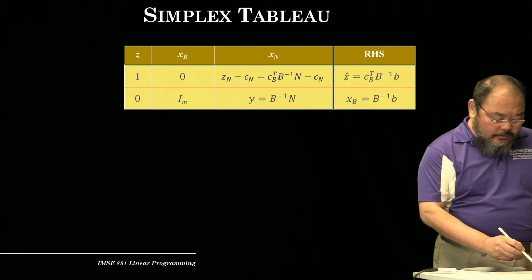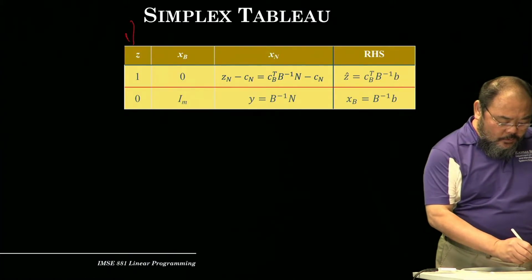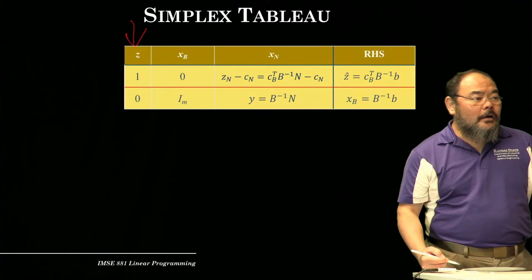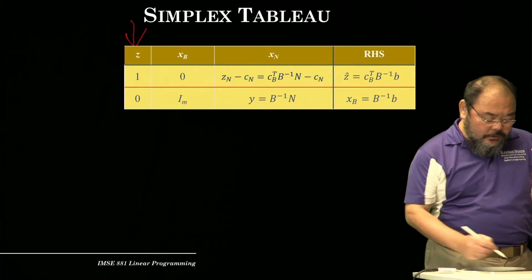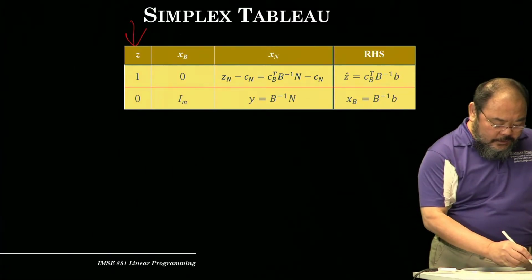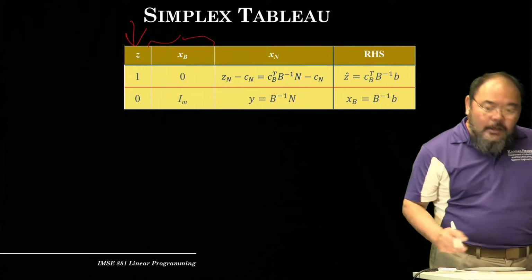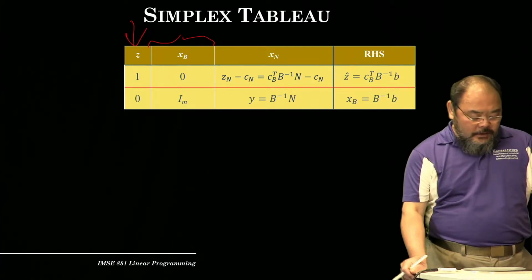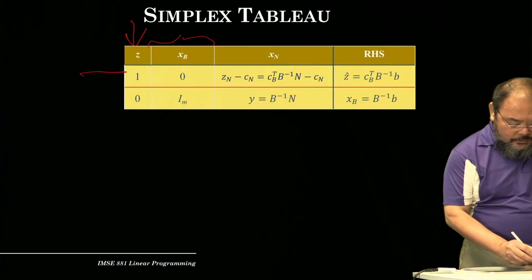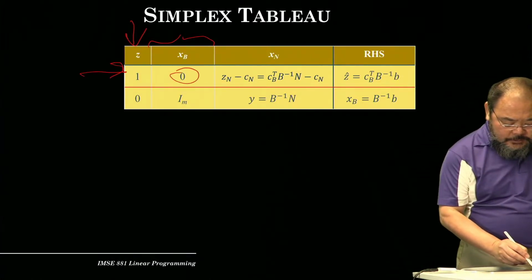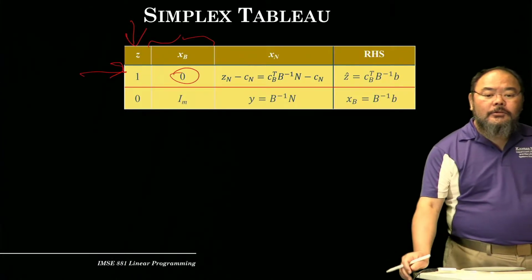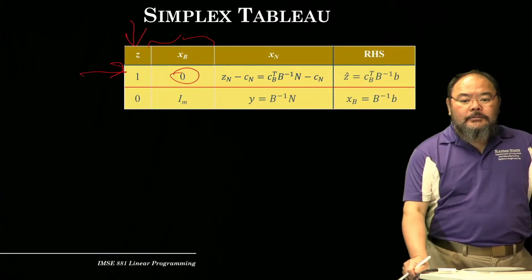We have a column 1, which is the z, our objective function value. Then we have a section of the so-called basic matrix, and in the basic matrix, the first row is always 0. The corresponding tableau should be identity columns.